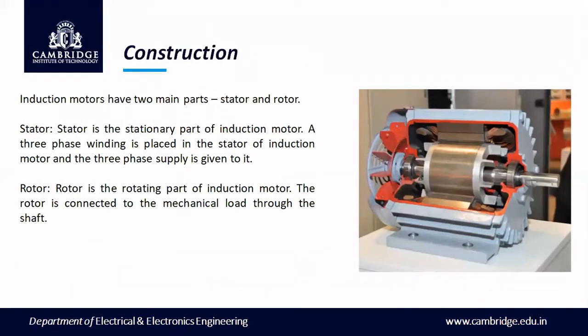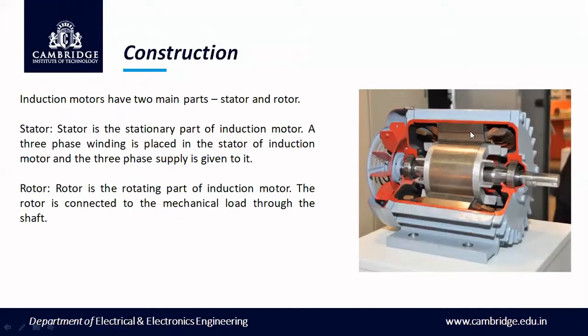So when we talk about the construction of an induction motor, it mainly has two parts, stator and rotor. The stator is nothing but the stationary part of the induction motor. A three-phase winding is placed in the stator and the three-phase supply is given to it. If you observe the figure, it is a cut section of a three-phase induction motor.